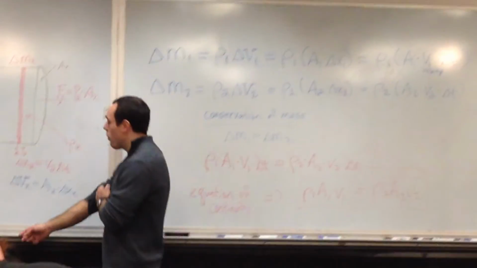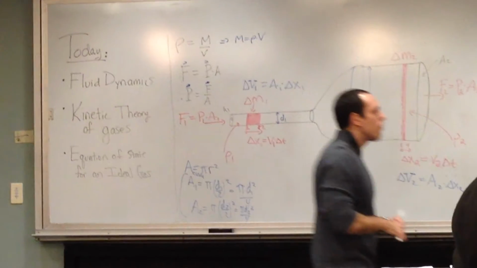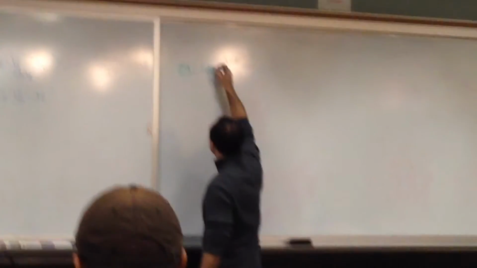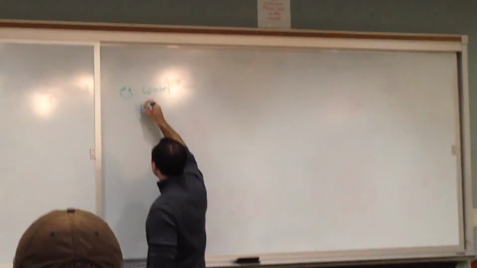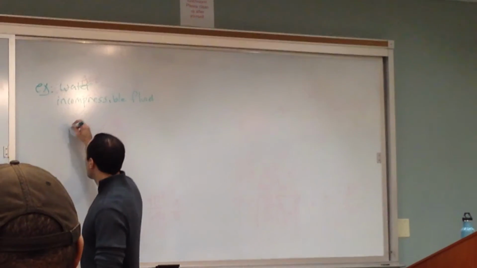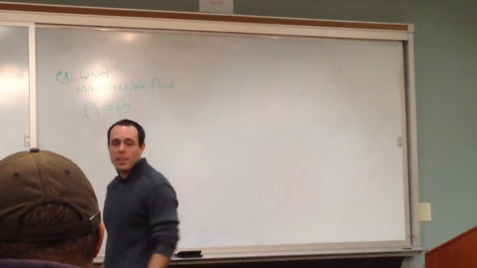This is for any general fluid. However, let's look in the case of water. Water is an incompressible fluid. An incompressible fluid means the mass density in region 1, rho 1, is equal to the mass density in region 2, rho 2.